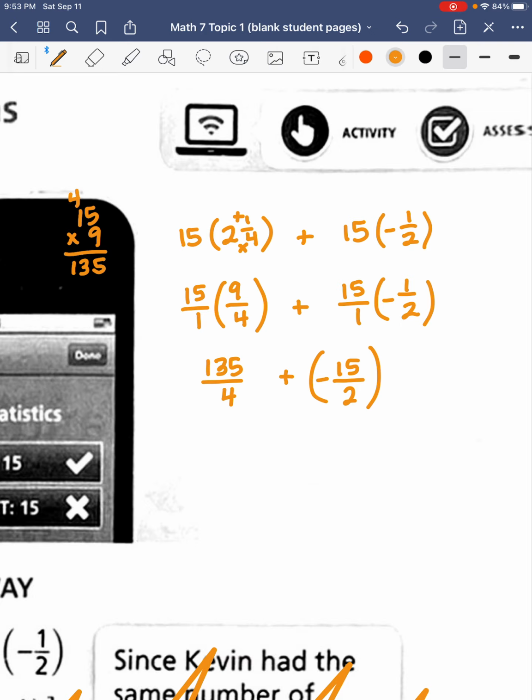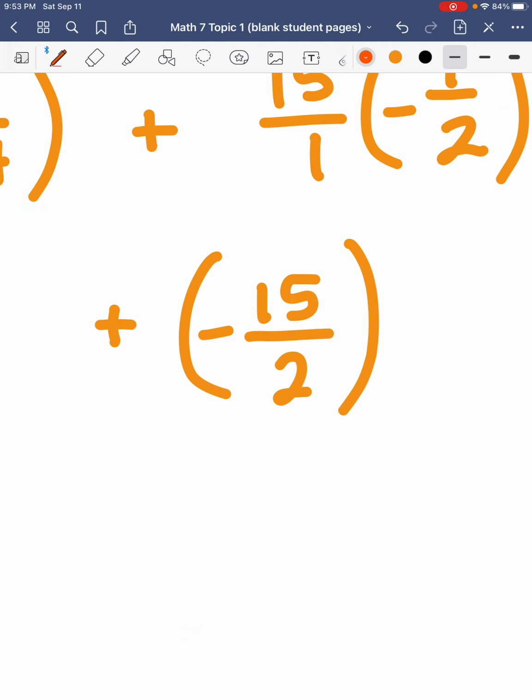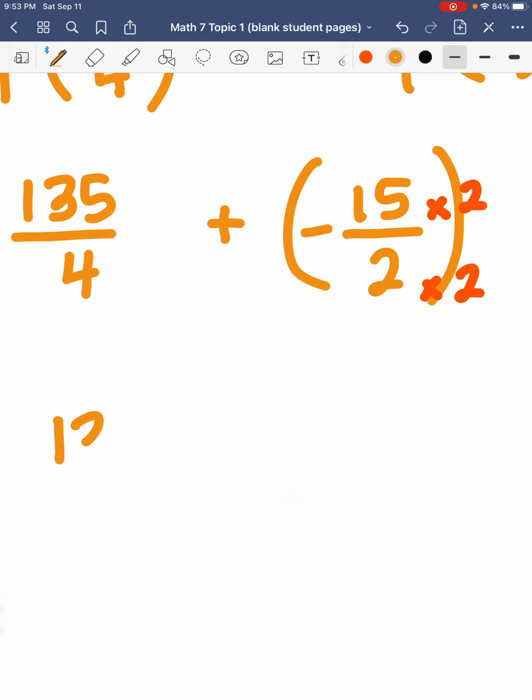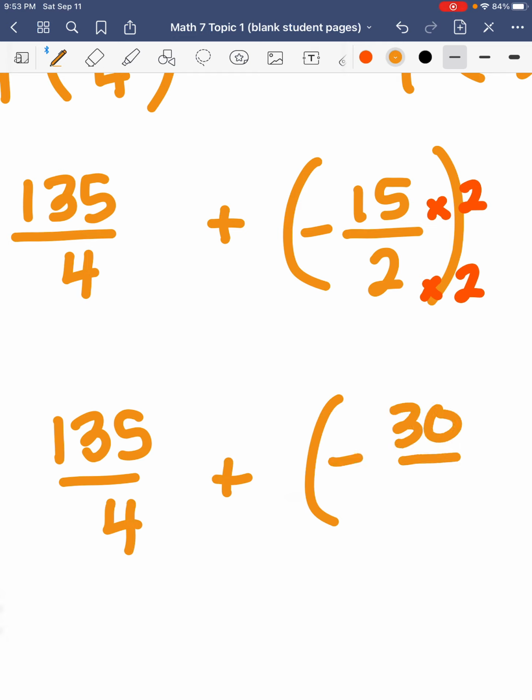So how can I do that? Well, I know that 2 times 2 makes 4, so I'll just multiply my numerator times 2 as well. So we have 135 over 4 plus -30 over 4. So now that we have the same denominator, all we have to focus on is what's in our numerators.